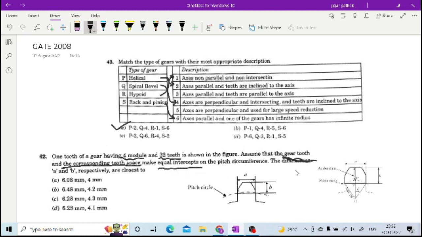Now you have to first calculate the value of A. For A, it can be obtained from the pitch circle, that is, circular pitch is pi d by t, which means pi m.